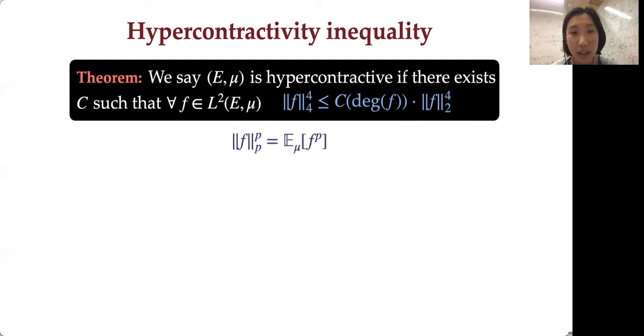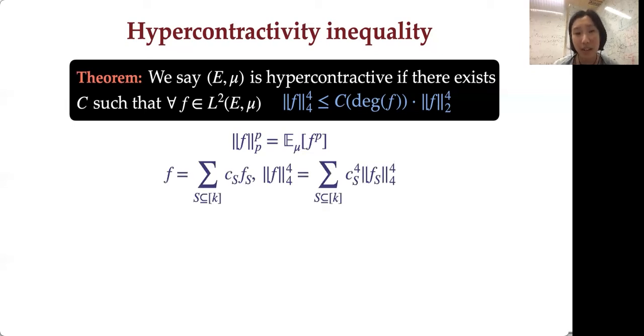Let me first explain that this notation, the norm of f to the p, is essentially the p-th moment of the function f under the distribution mu. And to give some intuition as to what the hypercontractivity inequality is really saying about the probability space, let's see the following reasoning. Let's say that the function f has a degree decomposition of the following form: summation over all S, which are subsets of the entire set of variables 1 through k, c_S times f_S.